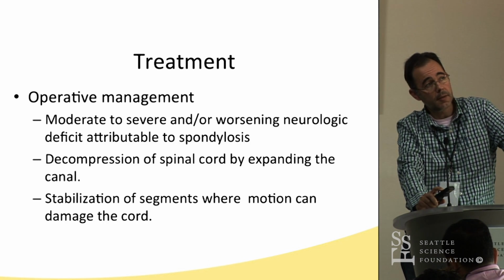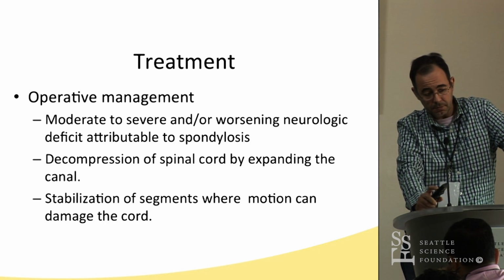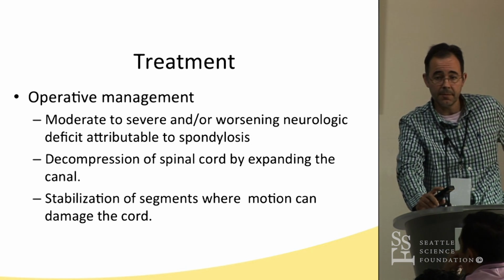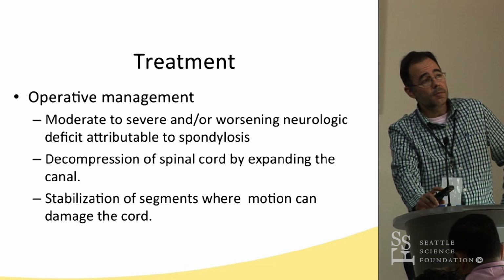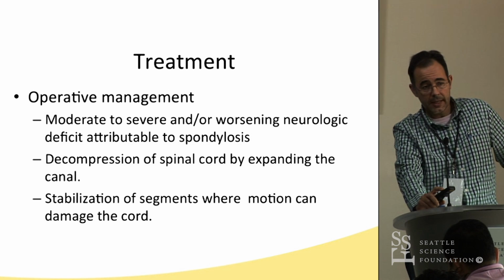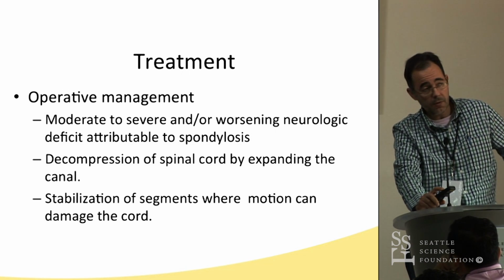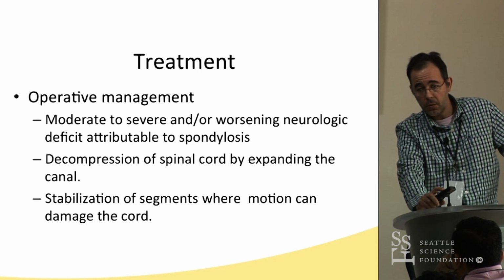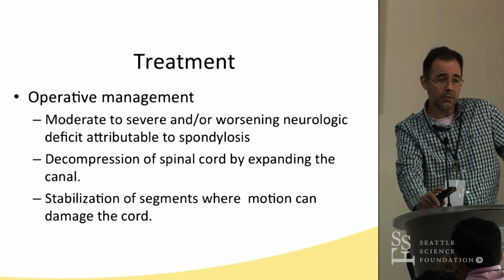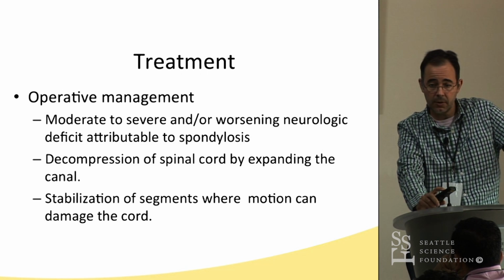Non-operative treatment can be very different depending upon the patient's age and the patient's tolerance for activity. So what we want to do is stabilize the segments by strengthening the muscle around those segments with physical therapy. That's why physical therapy is prescribed, because you're trying to strengthen the muscle in the areas where there's too much motility and movement.